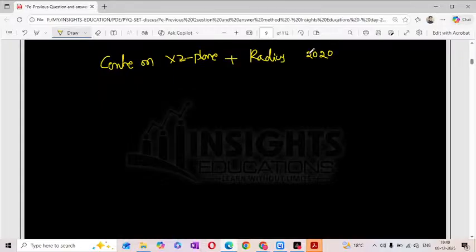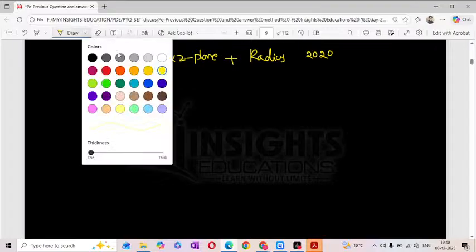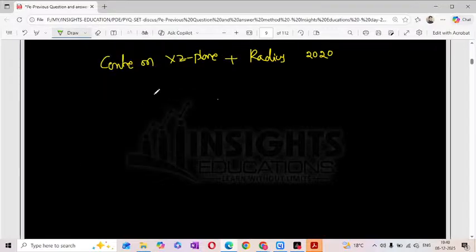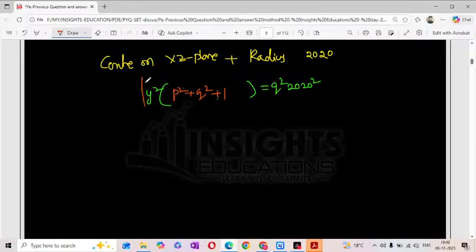So the answer is without y, so y square of p square plus q square common, and q square into 2020 whole square. Inside, p square plus q square plus 1 only. So it is our differential equation.